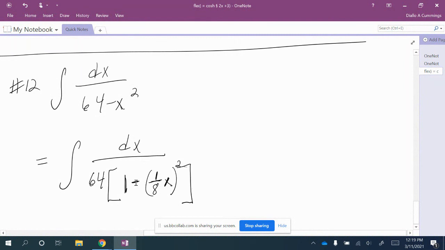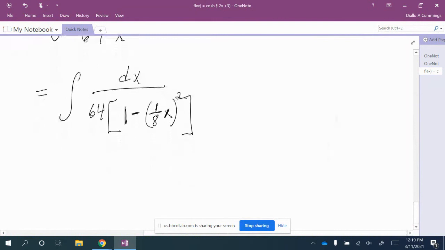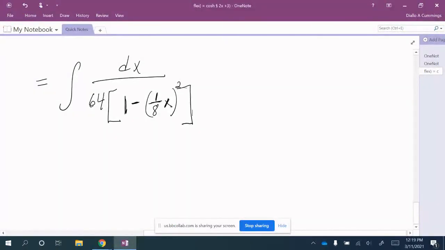So I have that 1 minus x squared, so to speak. My first term is a perfect square and my last term is a perfect square. From this point, I'm going to pull 1 over 64 in front of the radical.